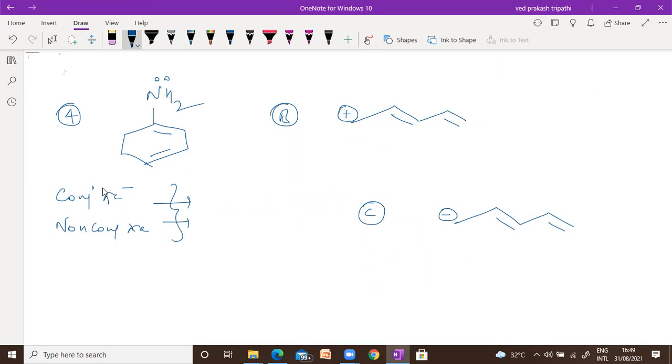First of all, check your resonance. If resonance is there, means that species is showing your conjugation. And you can check your resonance very easily, double, single, double.